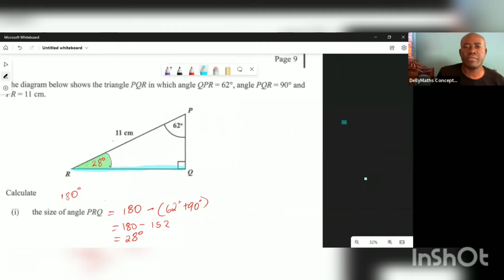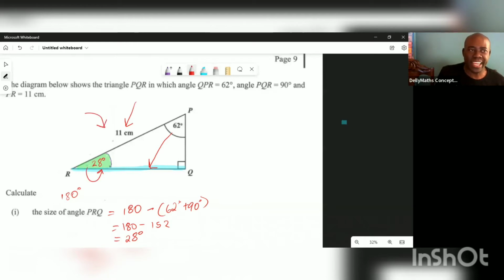Now, when we observe this side, we have many options, so I could just take one. I'm just going to take 62 and say it's the opposite side to 62, and I have the hypotenuse side here. I could take it from that angle. Somebody else might use 28 and say it's the adjacent to 28 and the hypotenuse.